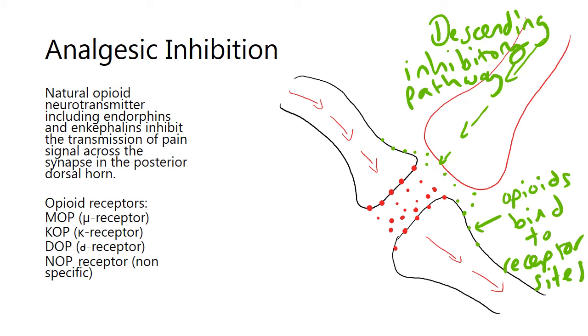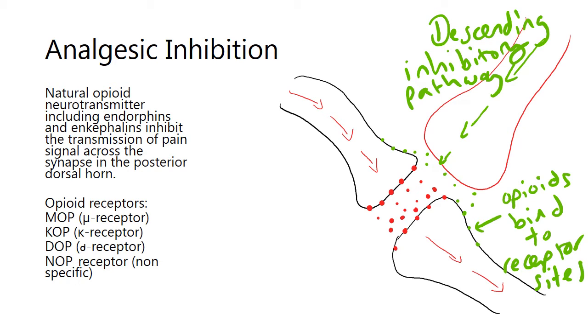However, with our descending inhibitory pathway, I'll draw this in green, we now have a neurological signal traveling down our inhibitory neuron, which is going to release its own neurotransmitters and flood the synapse with these, where they will bind to receptor sites, inhibiting the transmission of pain.